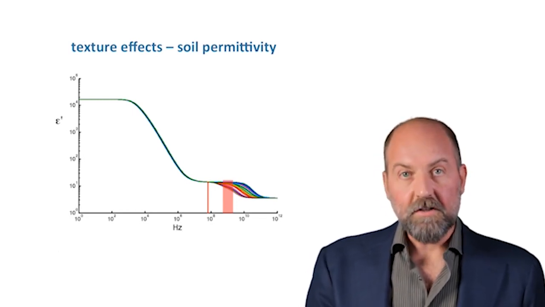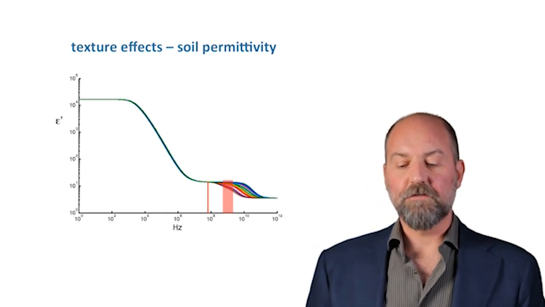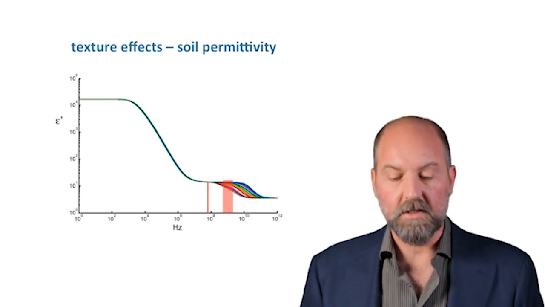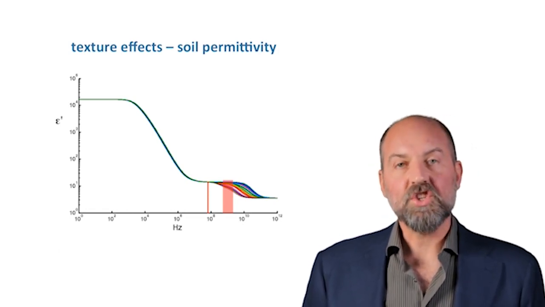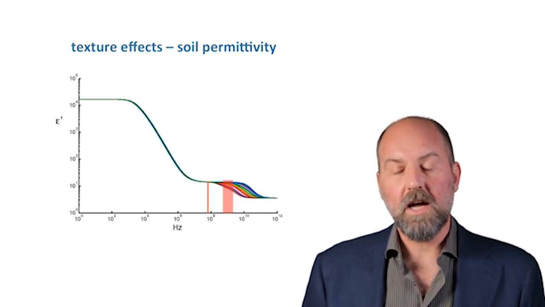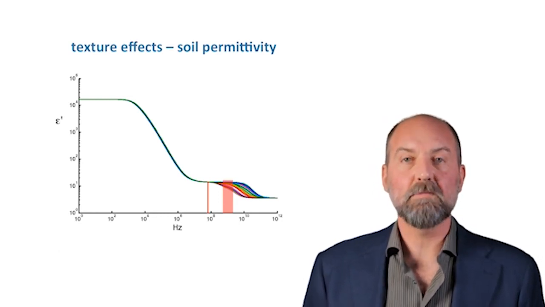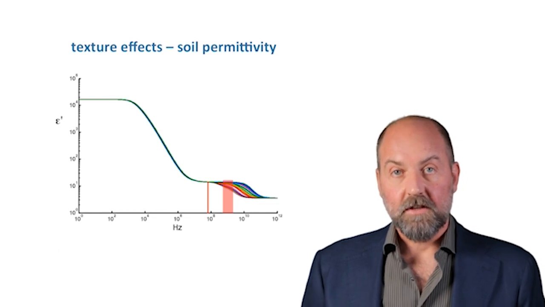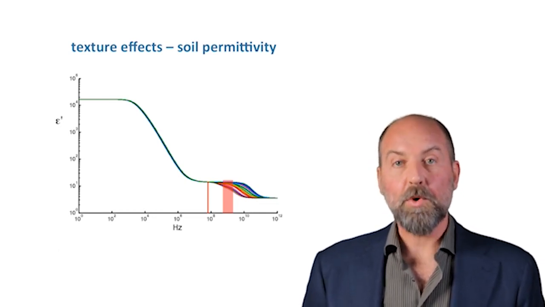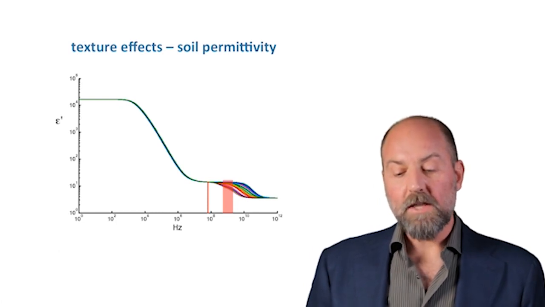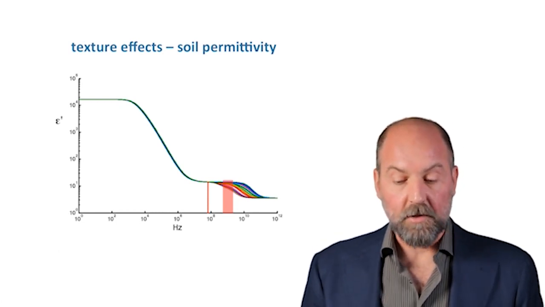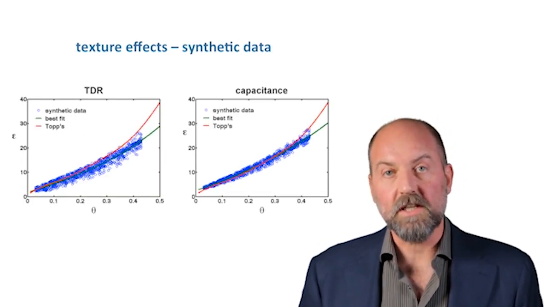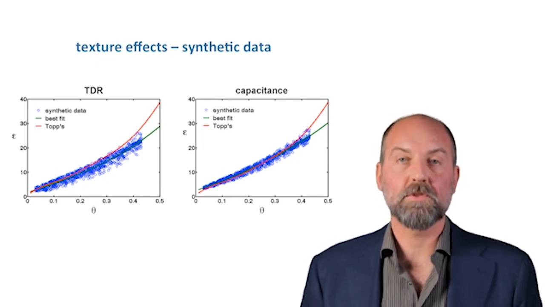It is apparent from this image that at the frequency at which capacitance sensors operate, again, we are choosing here 70 megahertz, as the texture changes, the estimates of permittivity change very little. Unlike capacitance sensors, TDR operates at a higher frequency range, right where the variations are visible. And so it is expected that the estimates through TDR technology display a larger scatter compared to capacitance sensors.